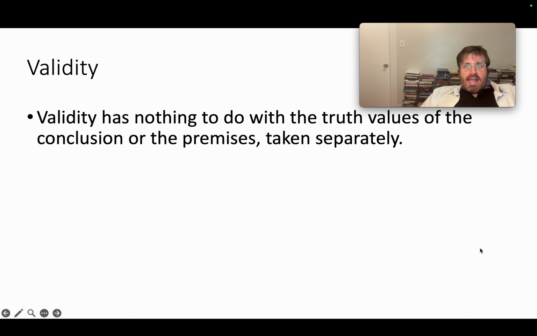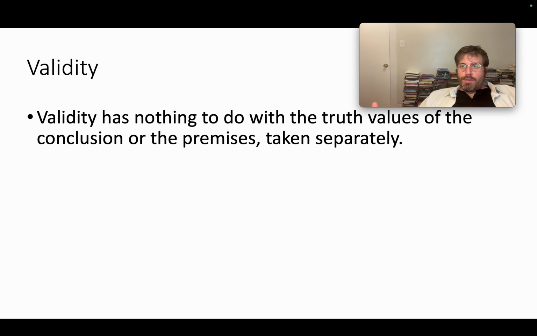Okay, so validity has nothing to do with the truth values of the conclusion or the premises taken separately. In other words, to understand the validity of an argument is not about just making sure that each sentence is true independently of each other sentence. Validity is really interested in the relations between the premises and the conclusion.